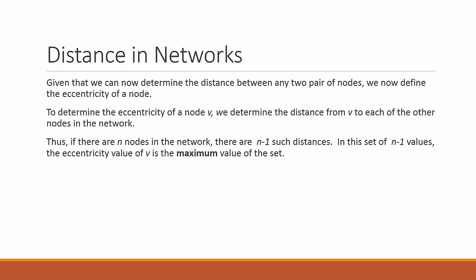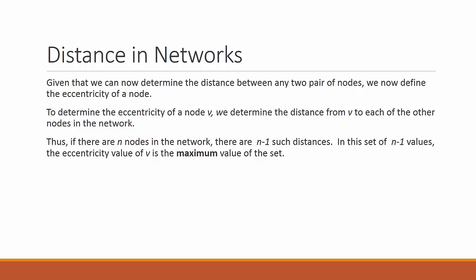Now that we know how to determine the distance between any two pair of nodes, we now define the eccentricity value of a node. To determine the eccentricity of a node, we determine the distance from the node to each of the other nodes in the network. So if there are 6 nodes, for example, we would have 5 distances to calculate from that node to each of the other 5.